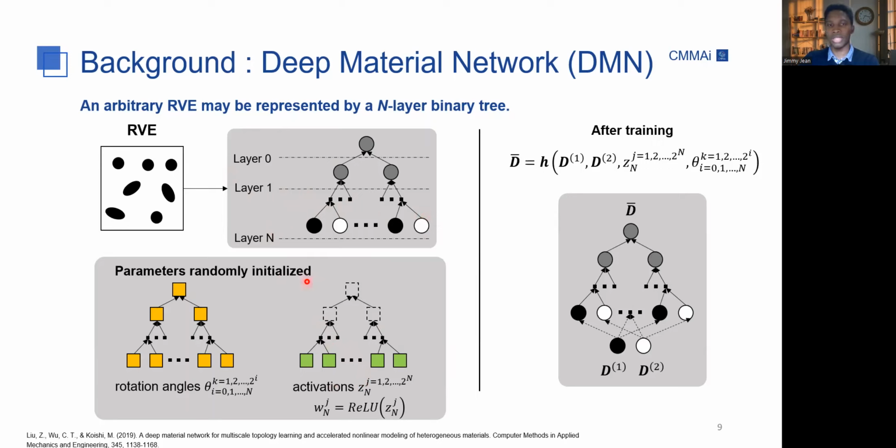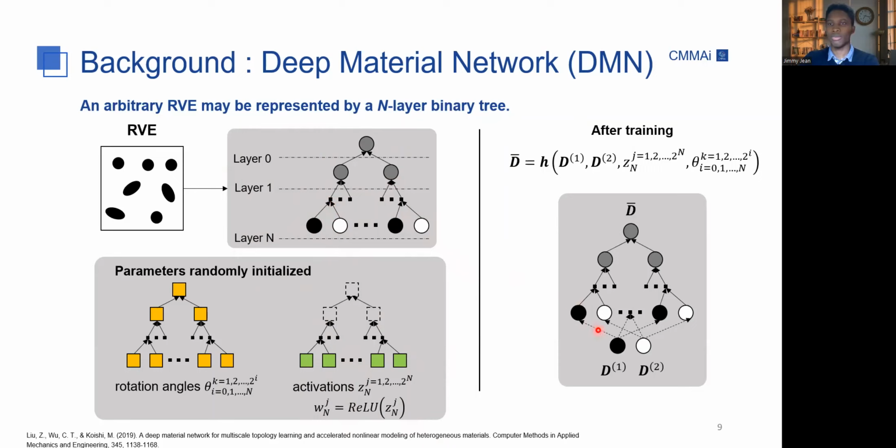And by passing those activations to the ReLU function, we will obtain weights for those nodes. And for the nodes at the upper layers, the weights will simply be the addition of the weights of the children. And given that we have weights for each node, we can also easily compute the relative volume fractions by simply dividing the weights by the weights of the parents.